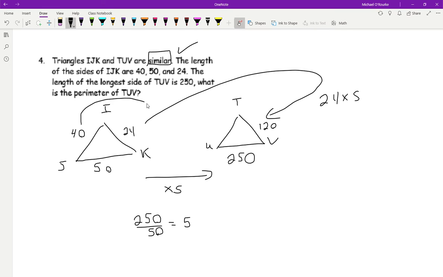And this one over here is 40 times 5, which equals 200. So we have everything around our triangle right now. If this is asking for the perimeter, that's how far along the outside. So we add up our three numbers. 200, 120, and 250.